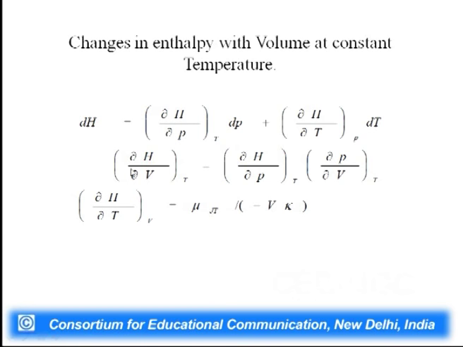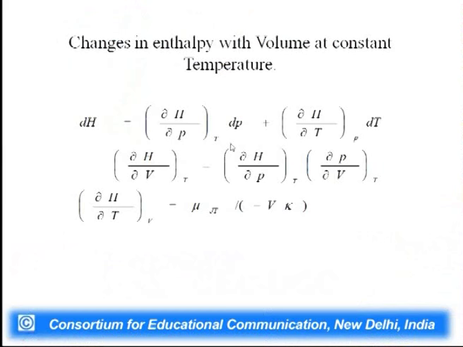Now, if we want to calculate change in enthalpy with volume, what do we need to write? (∂H/∂V) at constant T. That is what we are doing here. I am just taking the derivative of this with respect to volume at constant temperature. If I take constant temperature, dT is going to be 0.